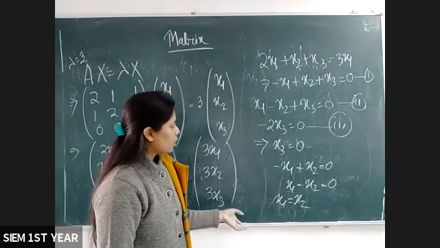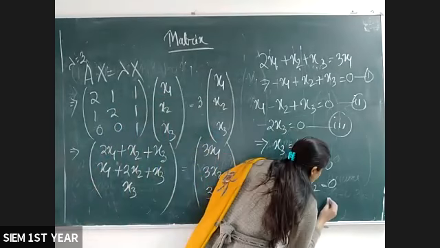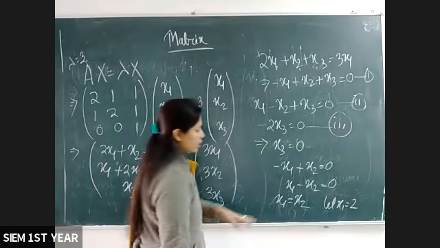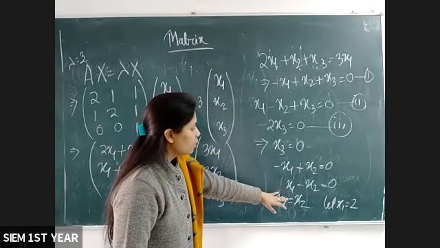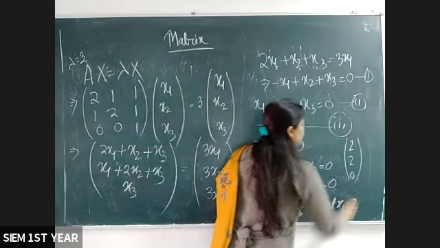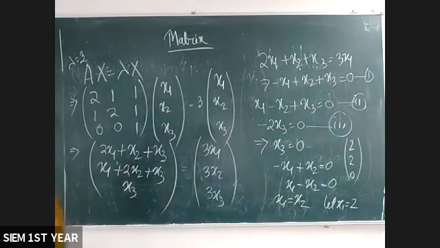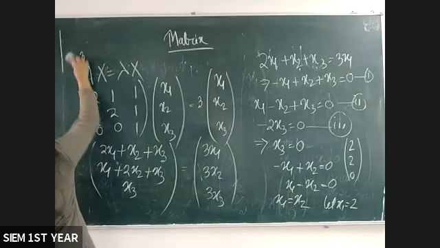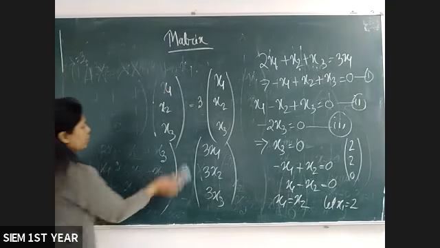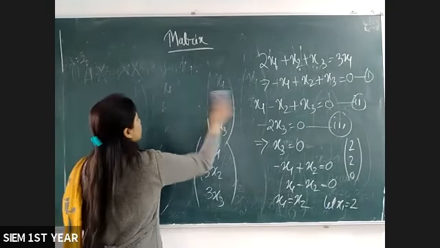I am considering x1 is equal to 2, then x2 will obviously be 2, then your vector will be 2, 2, 0. You can consider 3, 4, 5, anything.